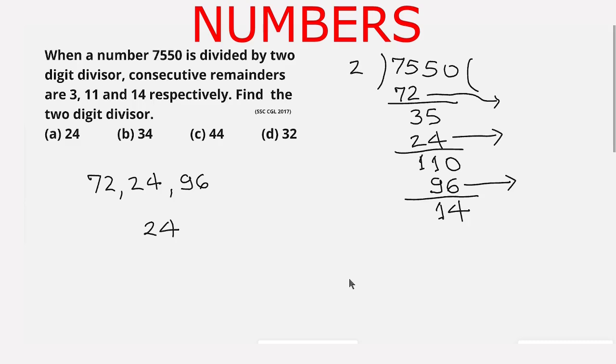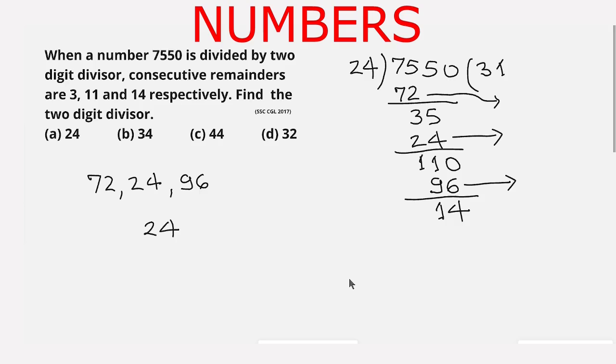So we write 24, and 24 times 3 is 72, and on subtracting 72 from 75 we get 3. We carry 5. 24 times 1 is 24. On subtracting 24 from 35, the remainder is 11.